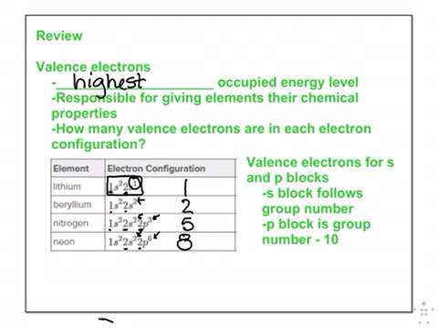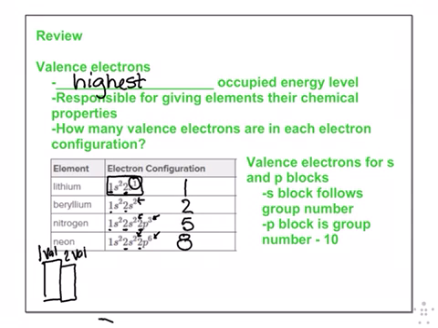So valence electrons for the S and P blocks. If you remember, the S block will follow the group number. So if it's in this first group, there will be 1 valence electron. In the second group, there are 2 valence electrons.